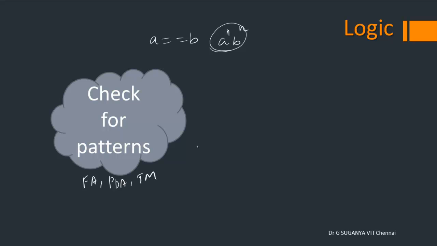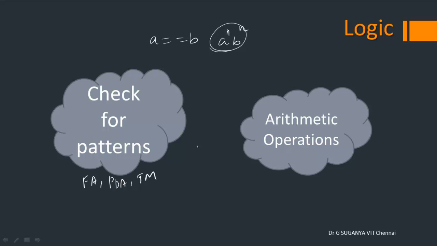But along with that, our computational device also has an arithmetic unit, which is used to perform all sorts of arithmetic operations. So let's say you are writing C equal to A plus B, how is this computed? You are writing A modulo B, how is it computed?